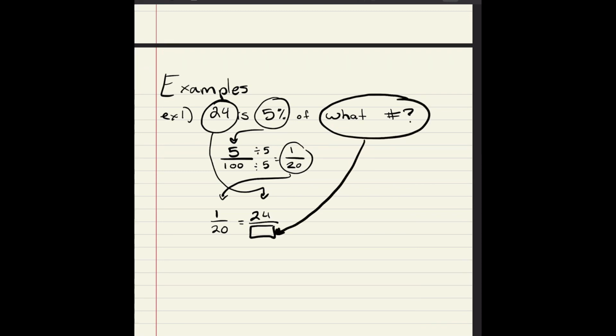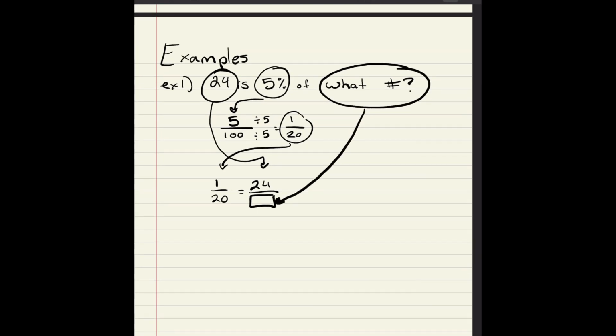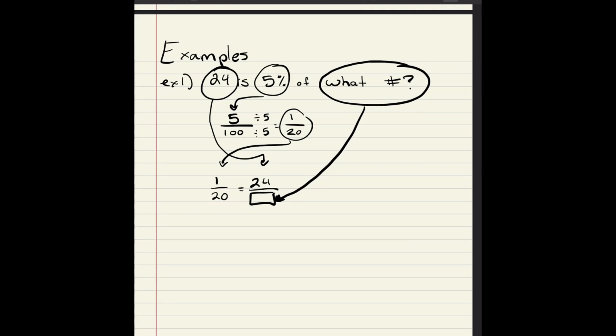What number goes here? So we're going to find out what number goes there. So I'm going to cross multiply. So 1 times the unknown is 1 and the unknown. And 24 times 20. Well, 24 times 2 would be 48, and then add my 0.